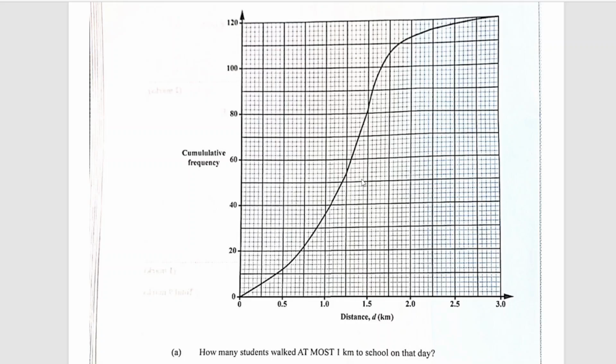So we come on our curve and we locate where 1 kilometer is. 1 kilometer would be here. This is your distance. You locate where 1 kilometer is, you draw your line coming up, and where it bounces off the curve, you come across and you read out that value.